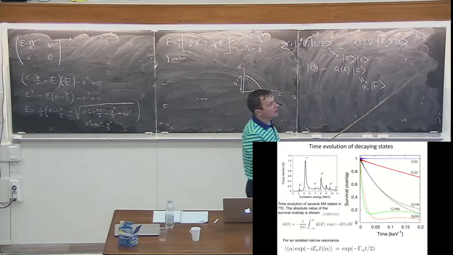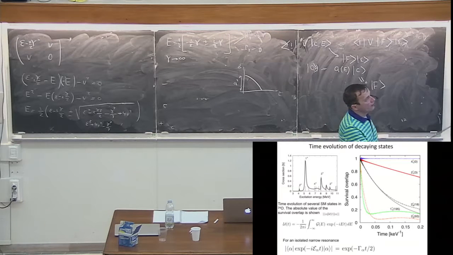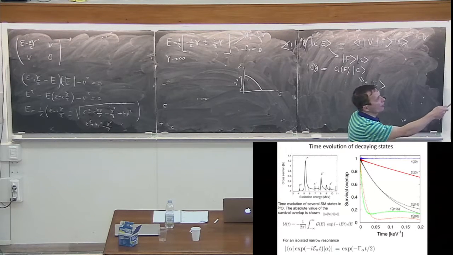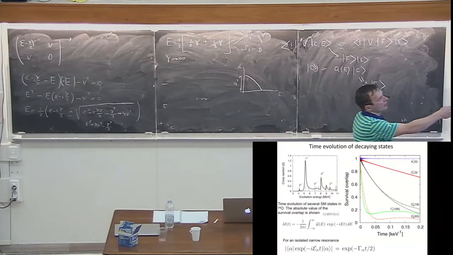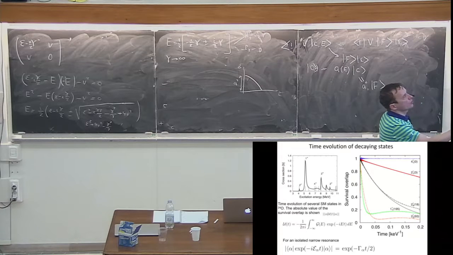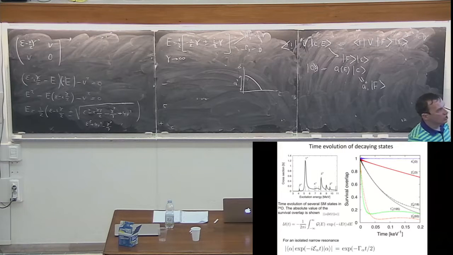So this is an example of this continuum shell model approach to the study of the oxygen 24 resonances. These are neutron resonances in oxygen 24 listed at higher excitation energy, and you see these resonances. Actually this cross-section was obtained from this picture, which is a time evolution of each of those states.